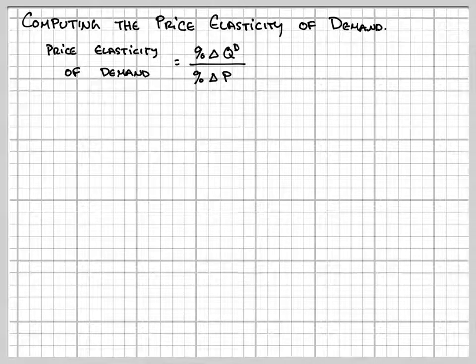It is common to express this in the absolute value. So this value will always be negative. It's always going to be the case that an increase in the price of the good causes quantity demanded of that good to drop, because that's the law of demand. So this elasticity will always be negative. When we report it, we understand that it's negative, so we drop that negative sign.